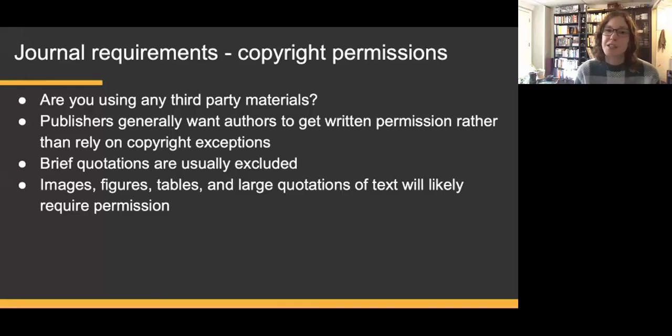The exception here is that brief quotations of text from other articles or other sources are usually excluded for this. But if you're using images, figures, tables, or very large quotations of text from other articles, it's likely going to require permission to be a part of your new article.